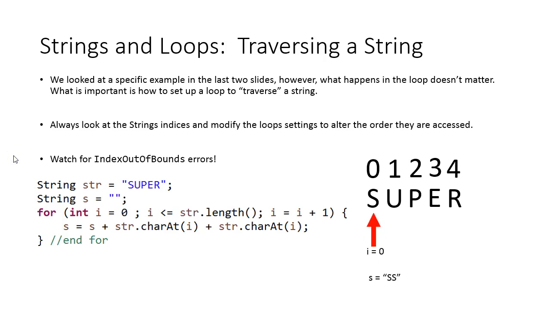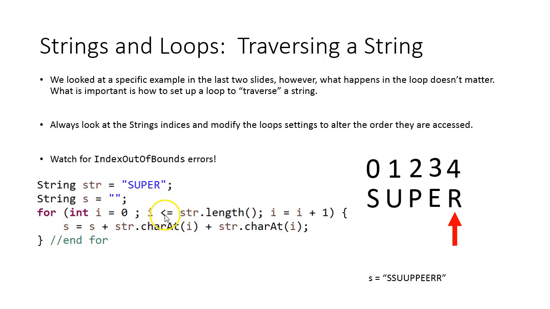So the way it works, when i is 0, s gets the value "ss". Then i becomes 1, s gets the value "ssuu". i gets 2, so we get "ssuupp". Then i becomes 3, we get "ssuuppee". i becomes 4, we get "ssuuppeerr". And this is where the problem is.